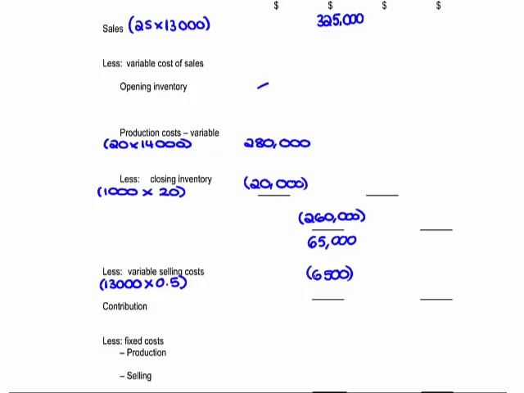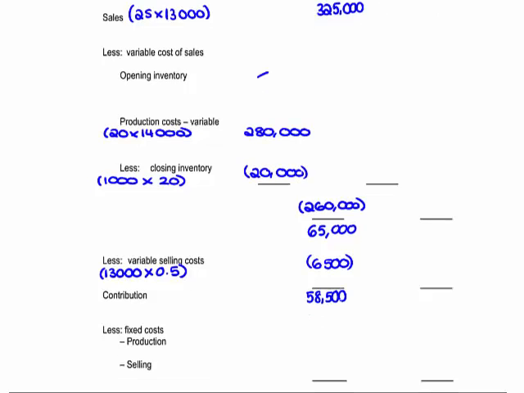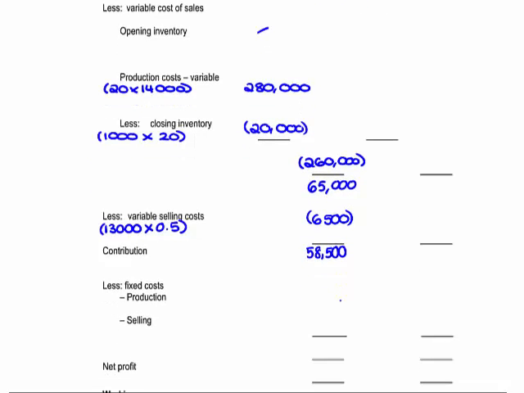So my contribution is 58,500. And then we can take off the fixed costs, which will be the actual fixed costs. For production they were 11,000, and for selling they were 5,000.